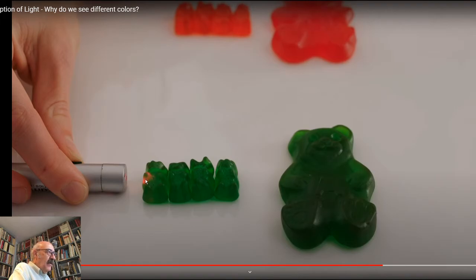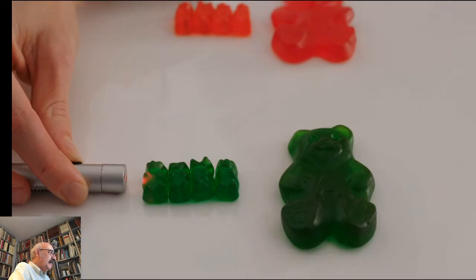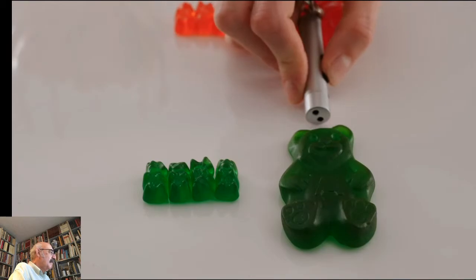The only color that these things can't absorb is green, but this laser is red. So that's the reason why this red color can't pass through these objects. Through the green gummy bears, the light does not pass through. This is because the red light is absorbed by the green gummy bear.